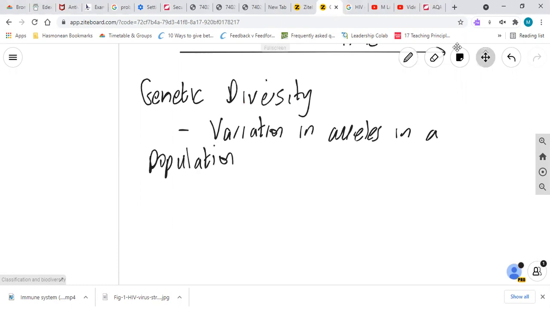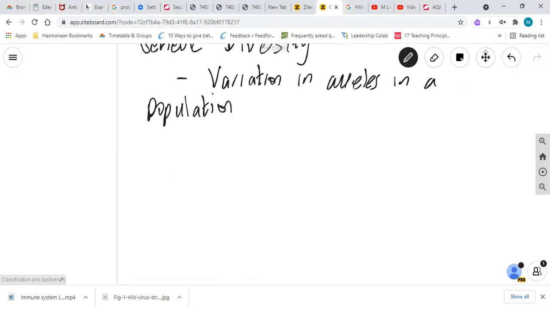And you can examine genetic diversity in a variety of ways. So first of all, you can look at common features. But that might not help you very much, but you can start that way.